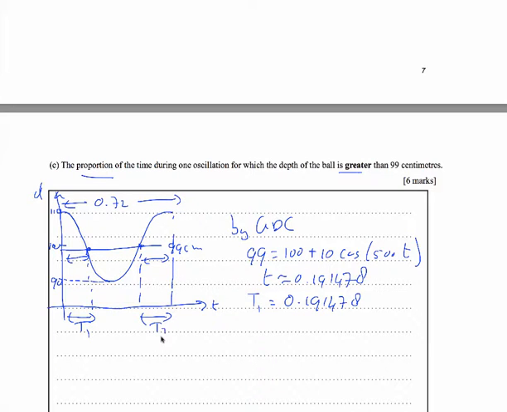Let's call it T2, but surely T2 is totally symmetric, so yeah, it must be. So this is equal to T2. All right, so time above, time greater than 99 centimeters is T1 plus T2, which is 2T1, which is 2 times whatever that is.